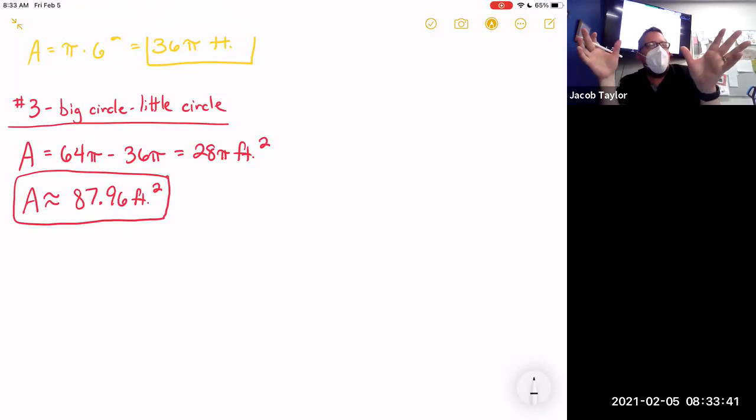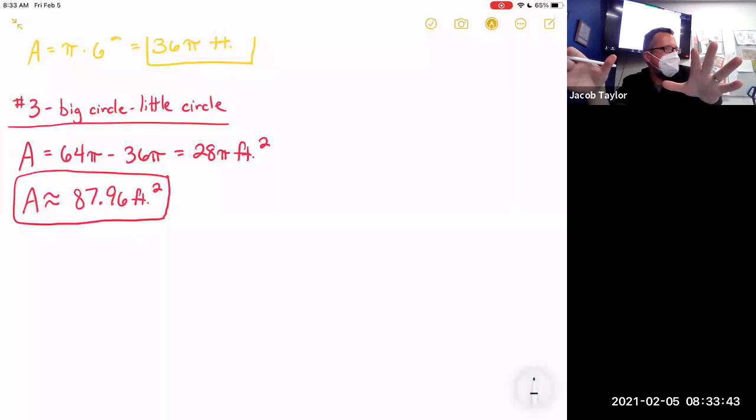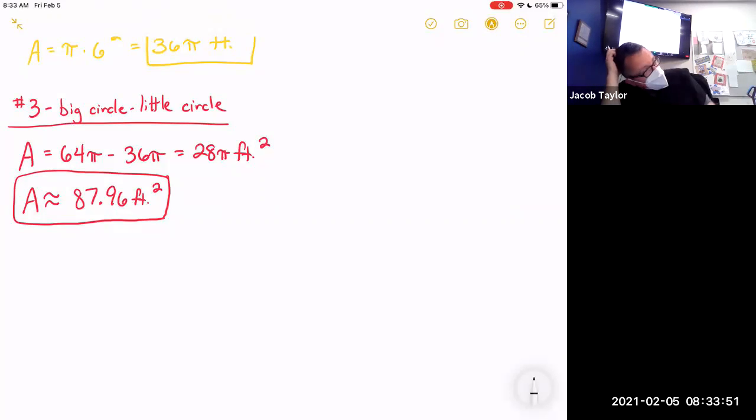So what we just did was we found a piece of a circle. If you consider the giant circle with a radius of 8 to be the circle, then finding the little ring around the outside was like finding a piece of the circle. That's what we do when we find a sector. A sector is a piece of the circle.